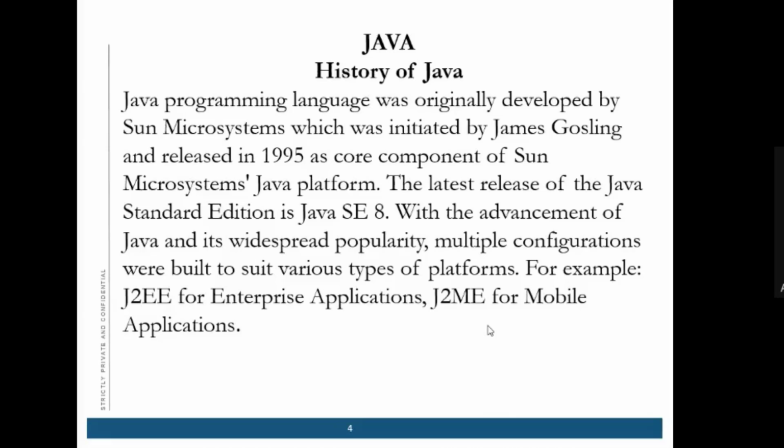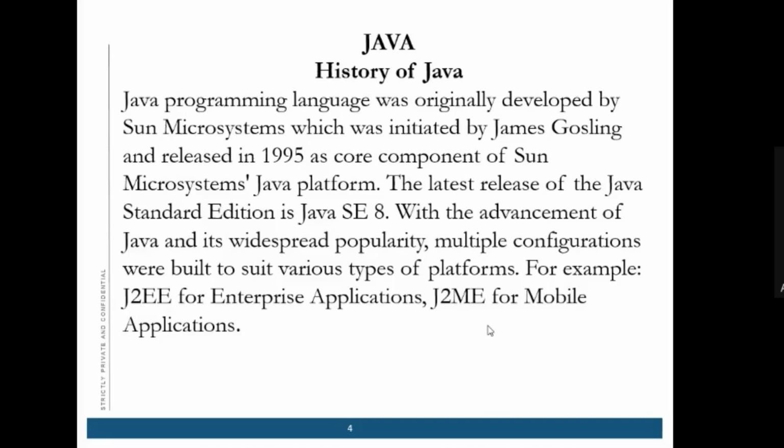The latest release of the Java edition is Java SE 8, but I think that is old. Now I think Java 15 has also been released. We will see right now.